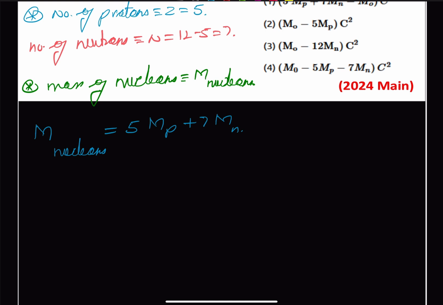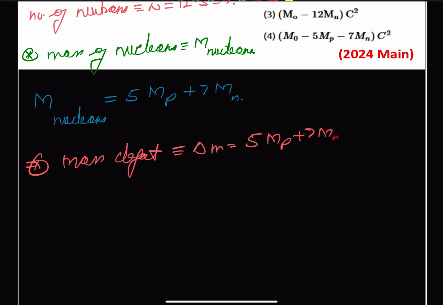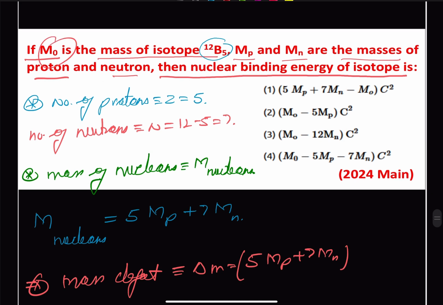Now we can easily find out our mass defect, delta M. We have a total mass of 5 Mp plus 7 Mn, and the initial mass is given to us as M naught.